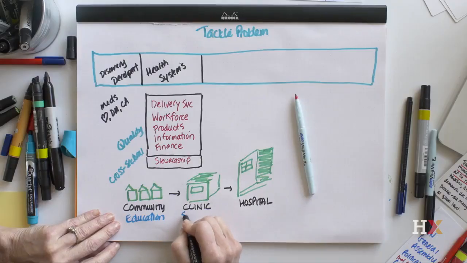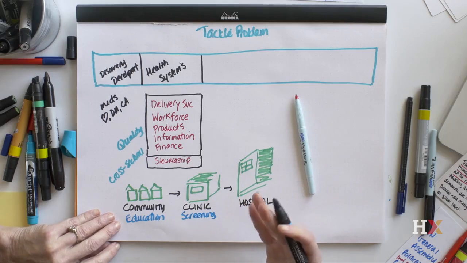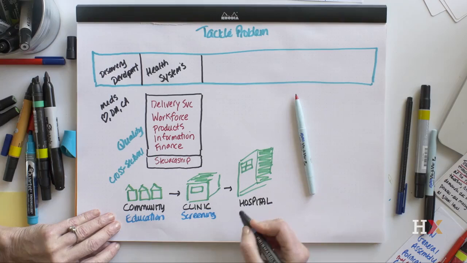In a clinic, in primary care clinics, there might be screening for high blood pressure or for high blood glucose so that patients or people that have those conditions can get treated, and that can be secondary prevention before they develop the disease. In the hospital setting, we can think about treatment of cancer, advanced treatments for heart disease, handling the complications of diabetes.